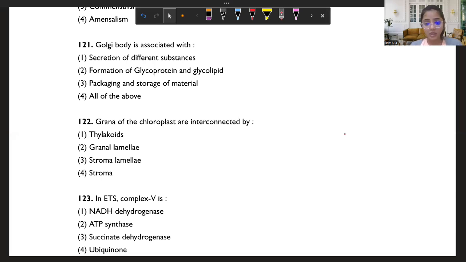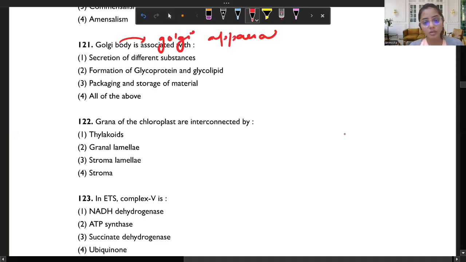Yes, so now let us move on to question 121. Let's see what it is saying. Golgi body is associated with which of the following? Golgi body refers to the Golgi apparatus. The Golgi apparatus is associated with secretion of different substances. Yes, it is true.